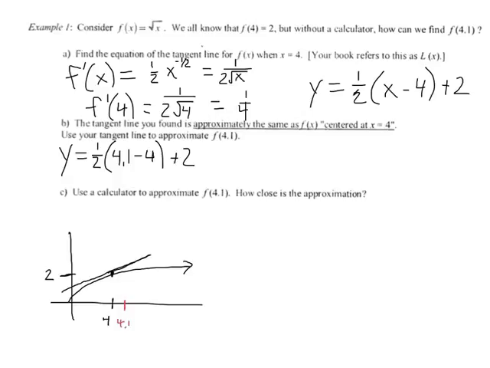Way up here, you guys should have told me to stop my video, because this should be a 1/4, right? That's what my derivative is. So right here, this should be a 1/4. As we simplify now, I'm going to get 1/4 times a 10th plus 2, and if we think through that just a little bit, I'm going to get 2.025.